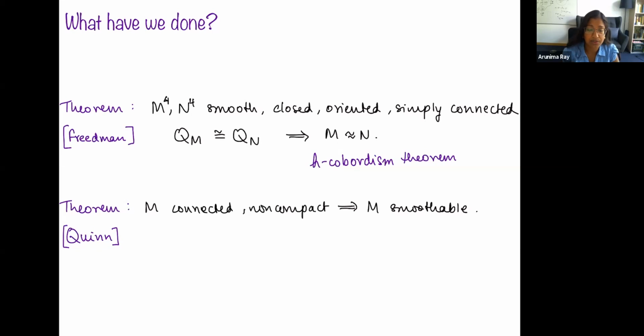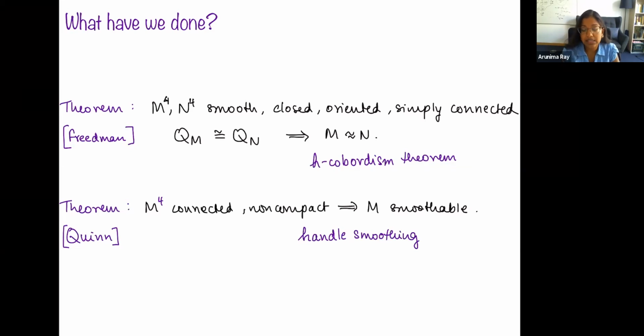And then in the live lectures, we focused on these results of Quinn, and in particular, the result that we focused on is this one, that if you have a connected, non-compact four manifold, it's smoothable. And once again, the techniques that went into this proof are part of a larger story. The main idea here was this notion of handle smoothing.